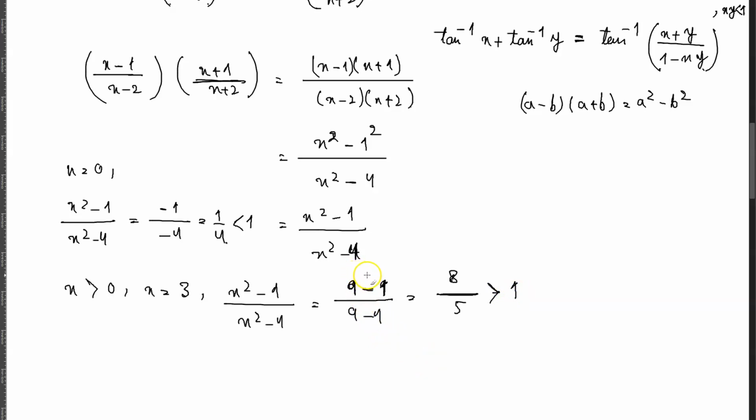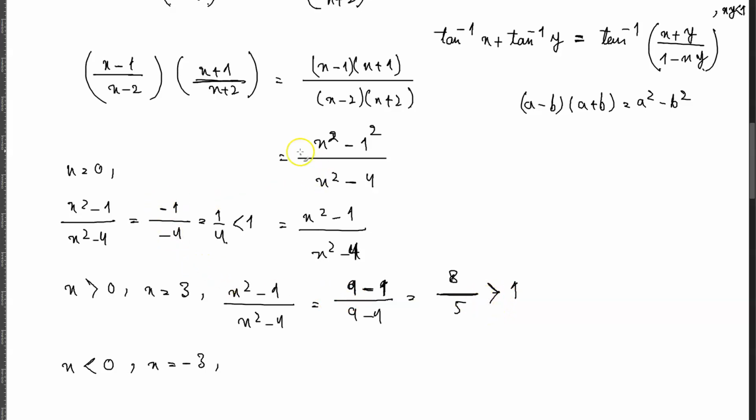And over here, if x is a negative number, for example, suppose that x is equal to negative 3, again you will have the same thing, meaning that negative 3 raised to the second power becomes positive 9, and you will have 8/5, which is greater than 1.